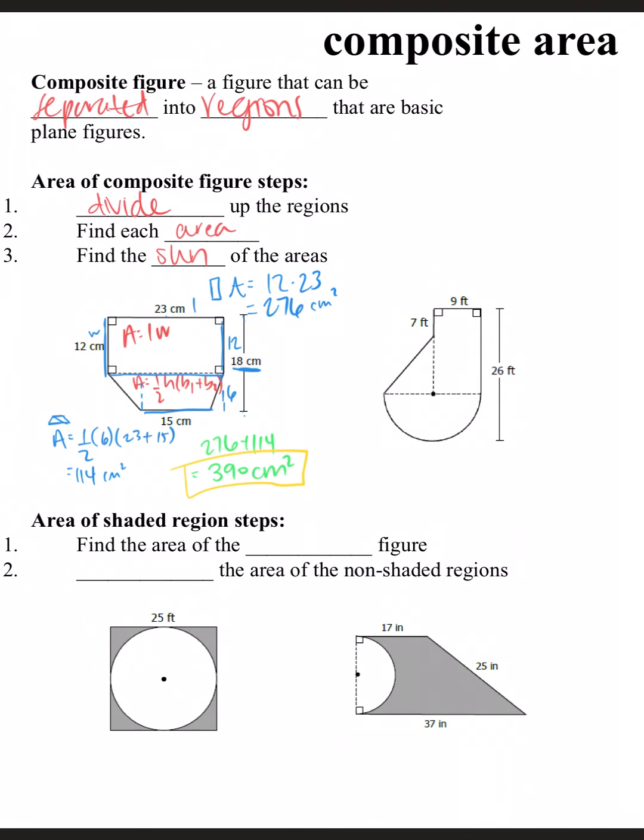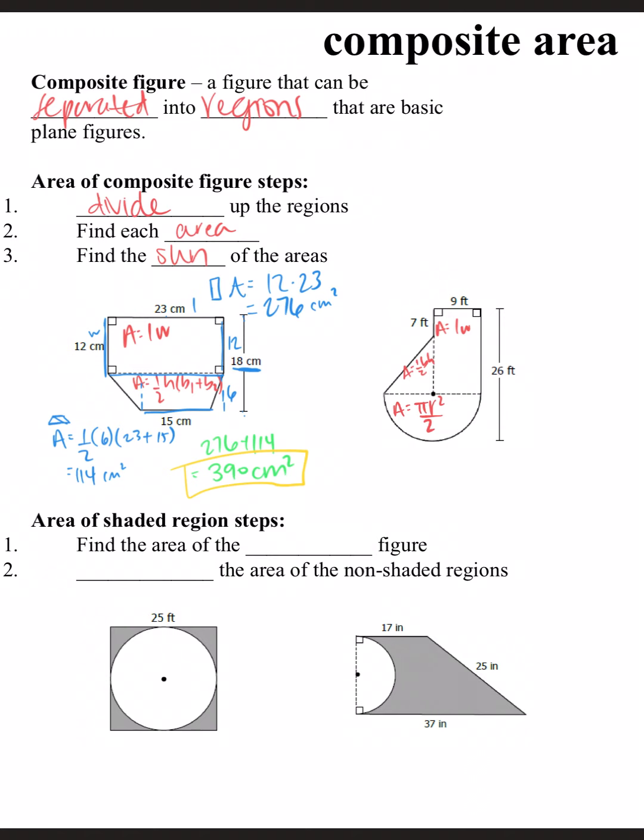All right, again, we have a rectangle, length times width. We've got this triangle, which is 1/2 base times height, and then we have pi r squared divided by 2 to get the area of the semicircle.